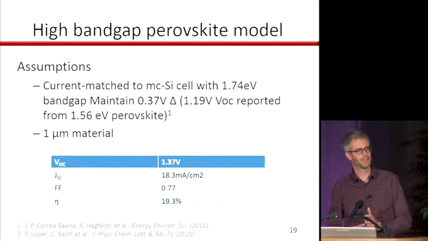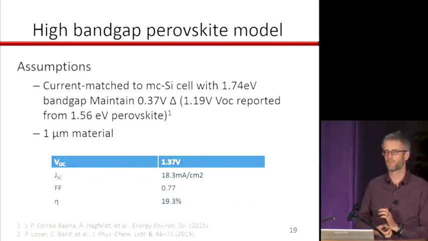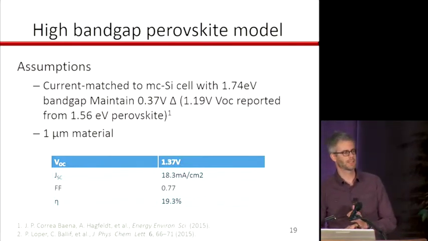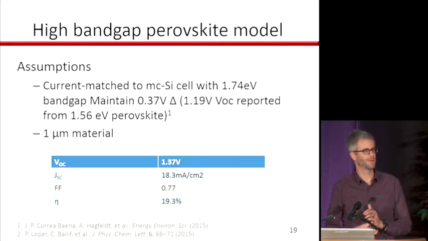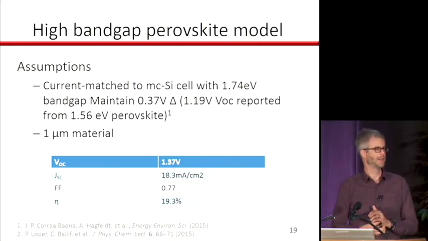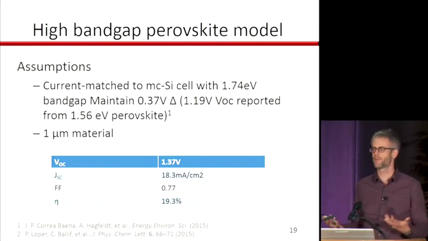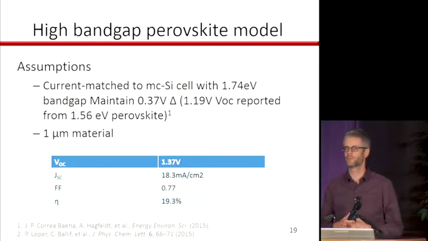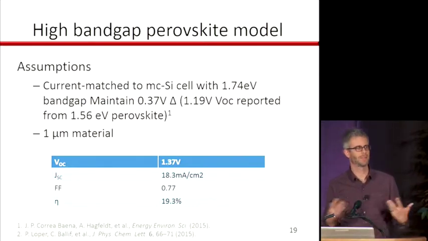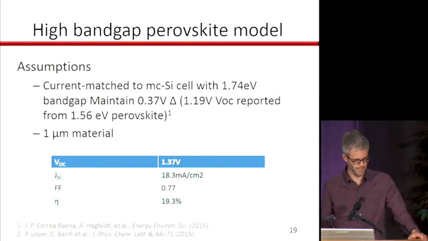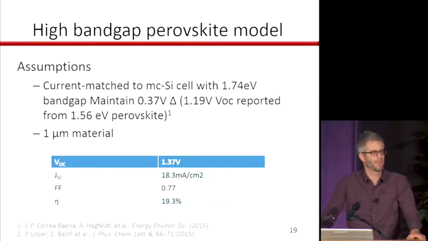Here I want to show you some modeling of where we believe these tandems can go in the fairly near future. This is not theoretical thermodynamic limits, not the Shockley-Queisser limit, more of just some practical calculations of what we should be able to do. So right now our band gap for the perovskite is 1.55 electron volts.